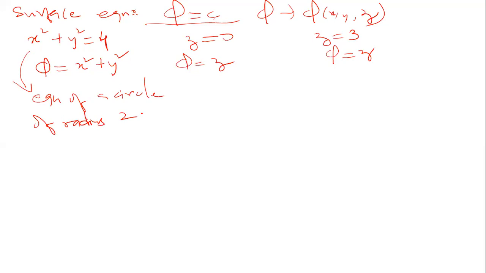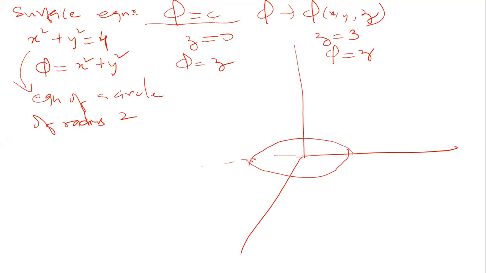If we consider this as a surface, the circle is on the xy plane because x and y coordinates are here. But as a surface, it will represent an infinitely long cylinder of radius 2.